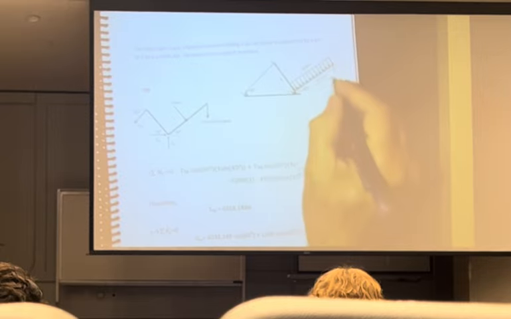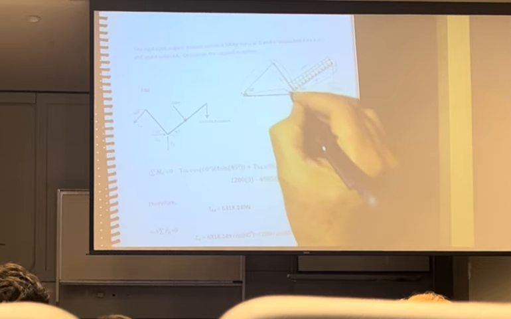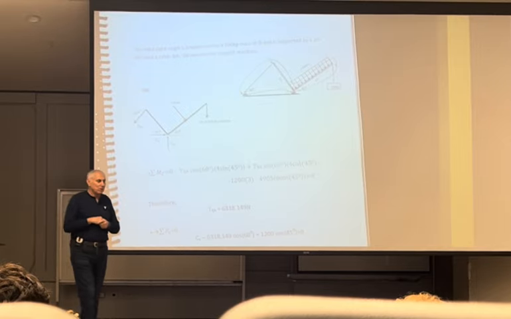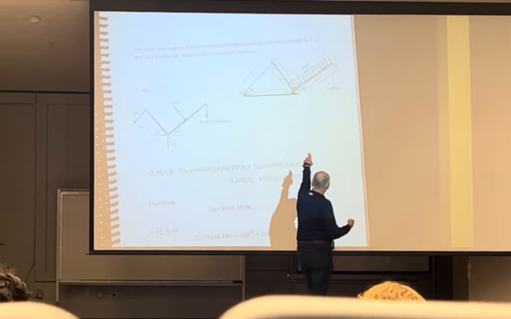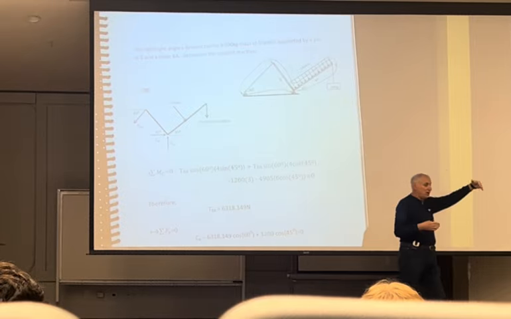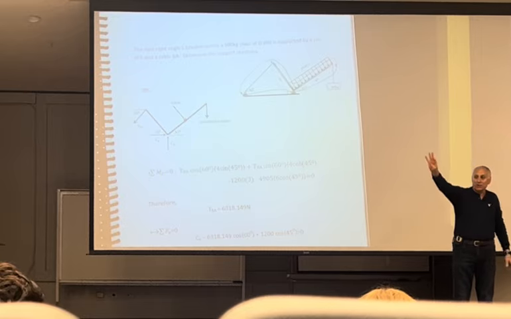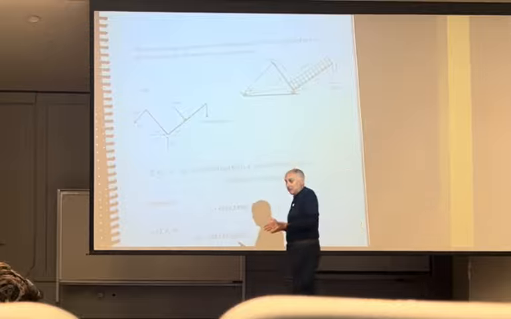Go right here, come around, go right here, come around, go through this pin and back. If I were to draw that free body diagram, what happens? For unknowns, I have 2 at A and 2 at C as unknowns. XY for A, XY for C. That's 4 unknowns. I only have 3 equations. It's a free body diagram, but it sucks.